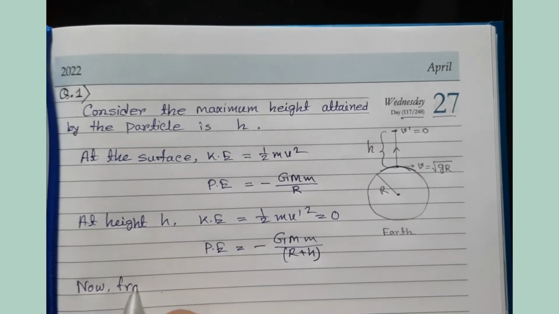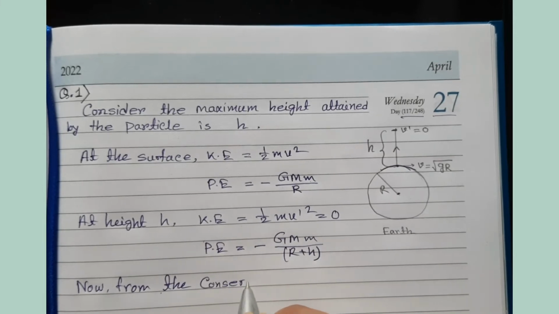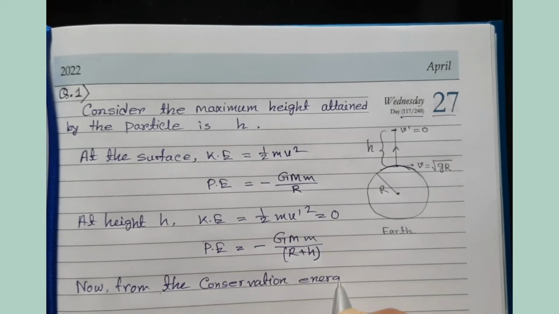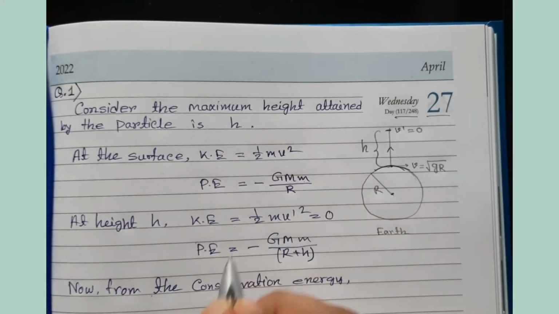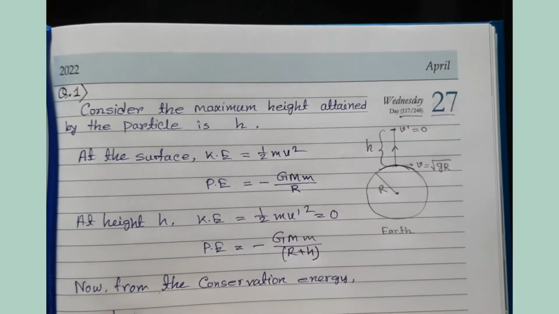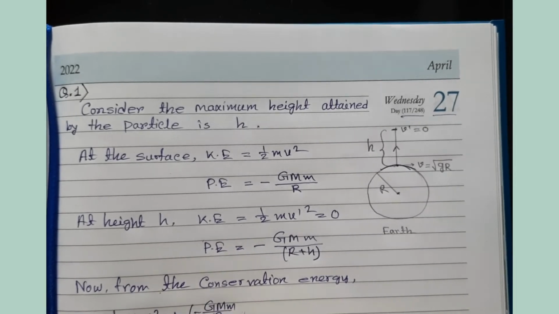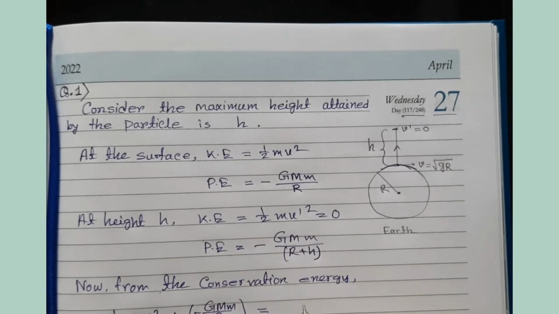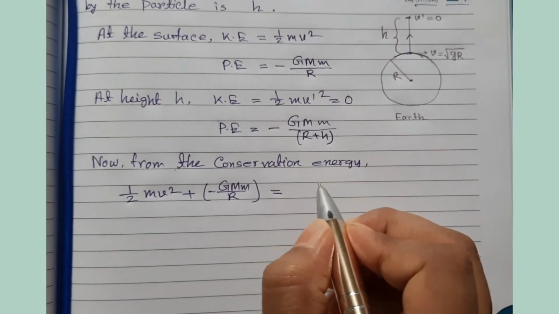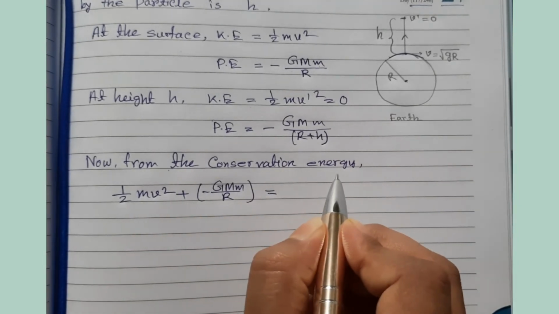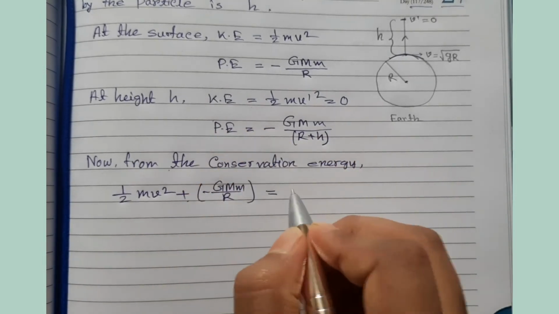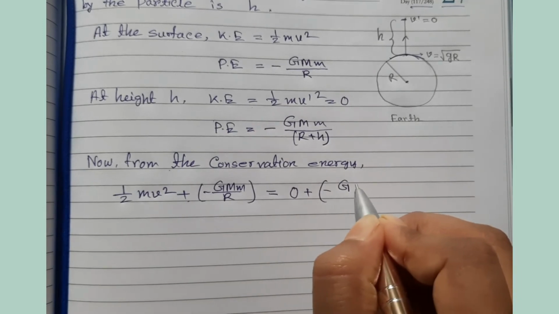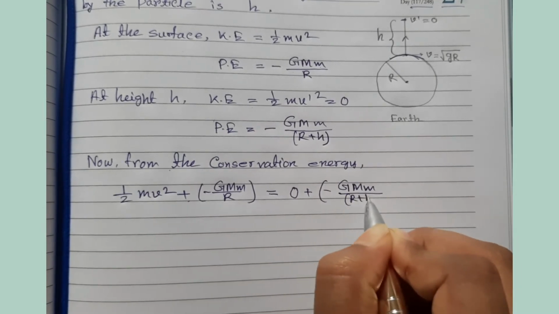Now, from the conservation of energy, at the surface the total energy, half mv square plus minus GMm by R, will be equal to the total energy at height h, that is 0 plus minus GMm by R plus h.